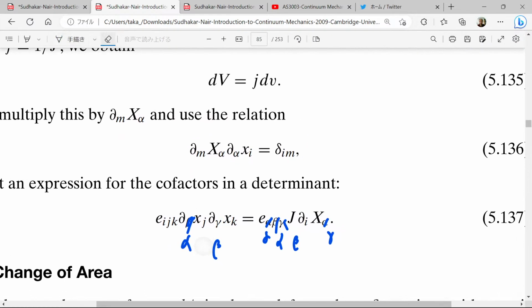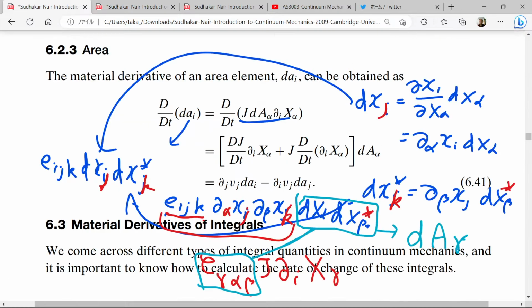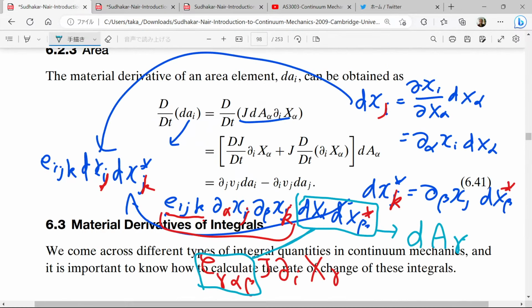We just do beta gamma. Here we just use, instead of alpha, we use beta.